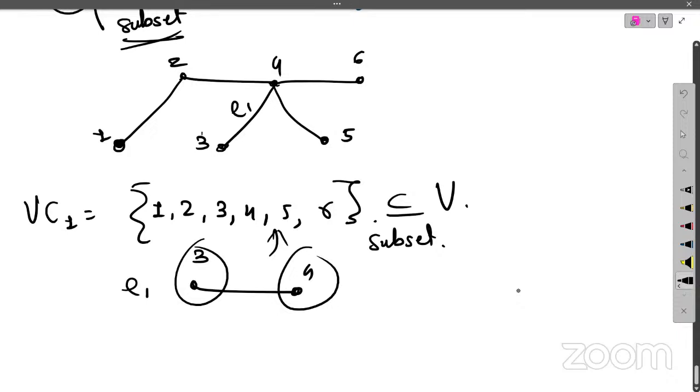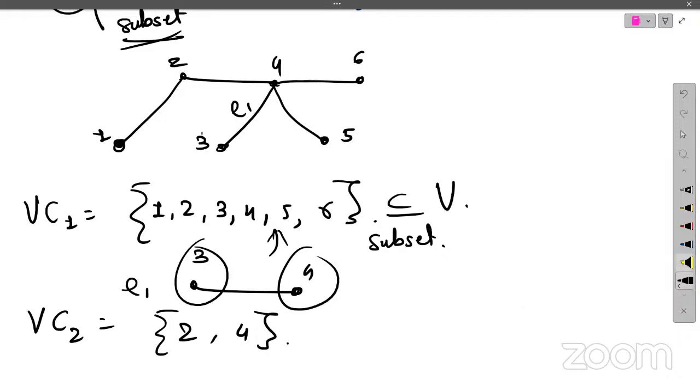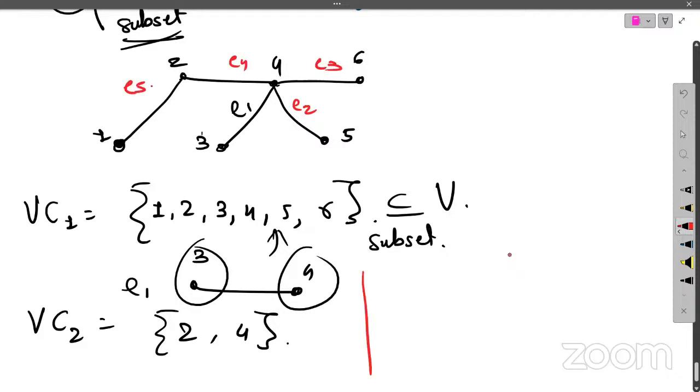Now in place of this subset, I take another vertex cover, VC2, with just 2 and 4. In this graph, name the edges E1, E2, E3, E4, and E5. E1 has endpoints 3 and 4, and 4 belongs to our subset, so E1 is covered.